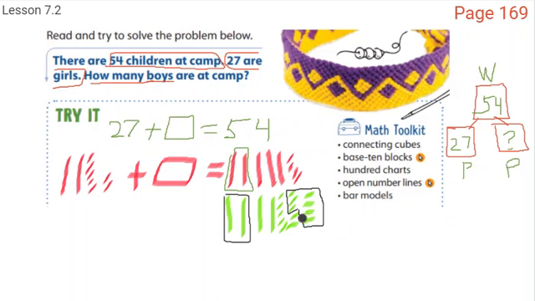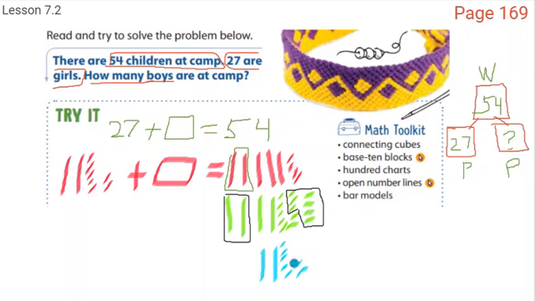So what are we left with? Well, let's go back over here and we're going to count them up. So I have 1 10, 2 10s, and how many ones do I have? Well, I know I have 1, 2, 3, 4, 5, and then I have those 2 right there, 6, 7.